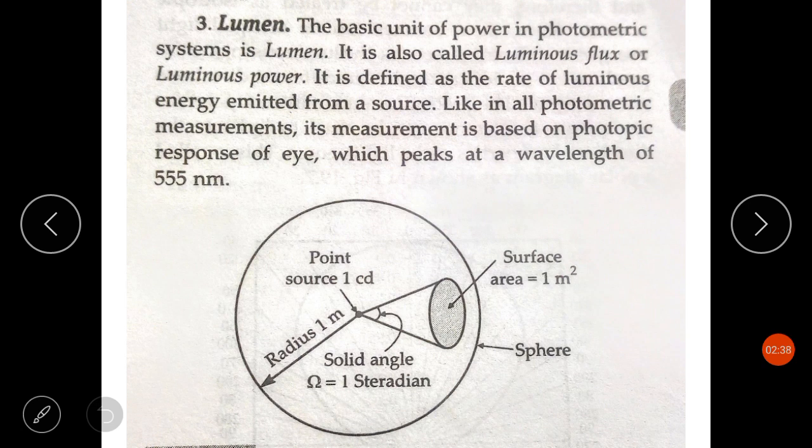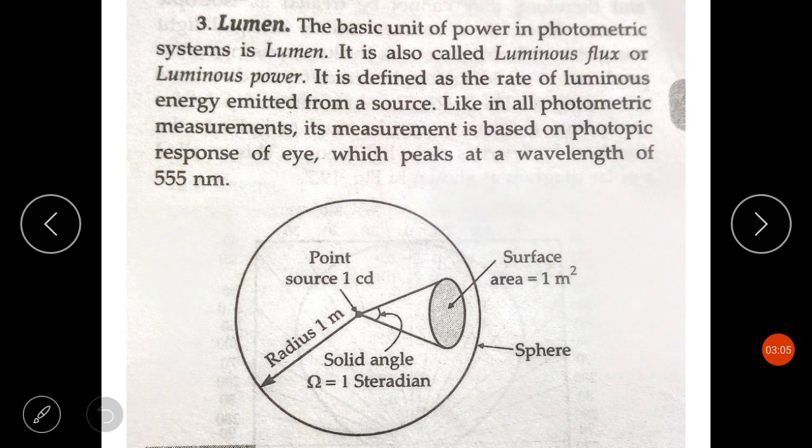Lumen is also called luminous flux or luminous power, defined as the rate of luminous energy emitted from a source. Here I've shown a diagram. To better define lumen, suppose a point source of one candela.